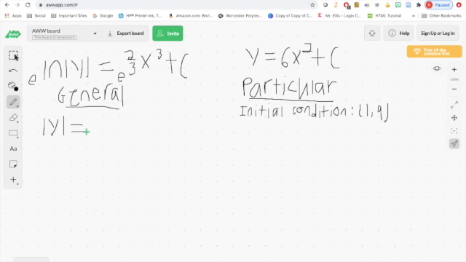That's a domain error, so you need to be careful with that. So that will be absolute value of y equals e to the 2/3 x cubed, and note that this whole 2/3 x cubed plus c expression is in the exponent of e, so that's very important for this.